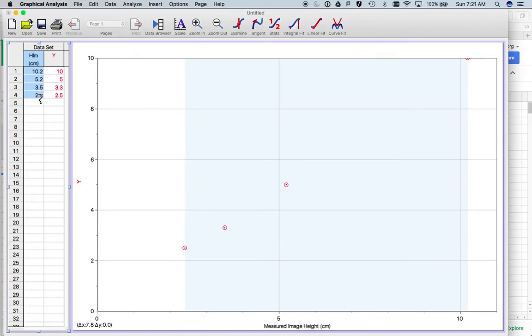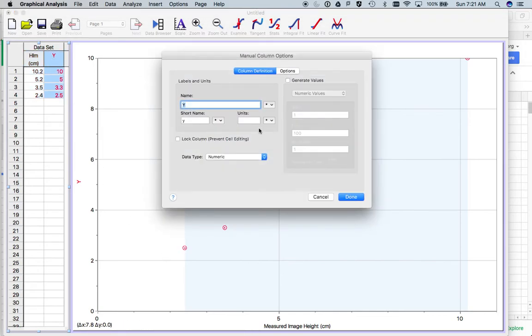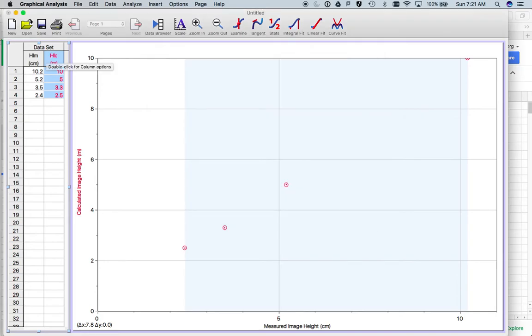Notice it puts it down here. Notice all the points are on the thing. That's so nice. And then this is calculated image height. So it's HIC in centimeters.